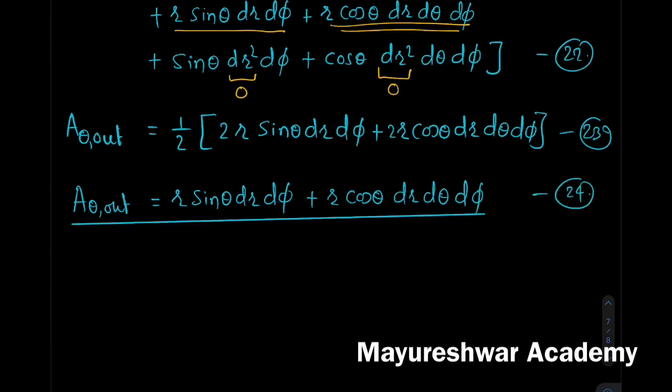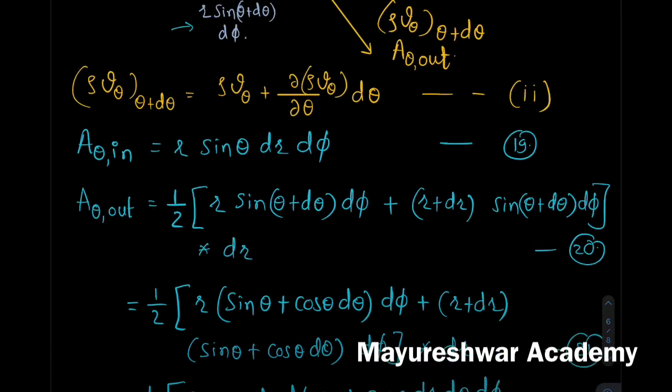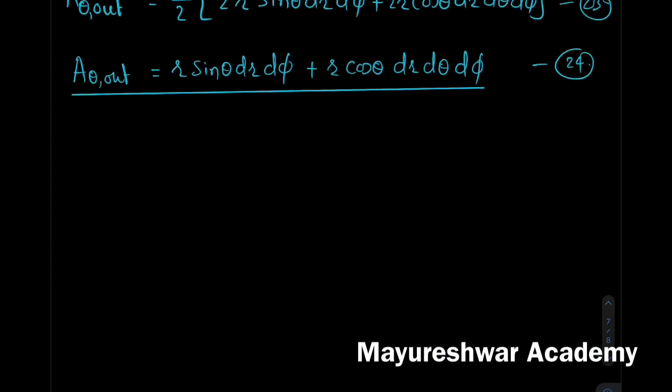Okay, so now let us put these areas into the flux expression. So F theta is equal to F theta in minus F theta out.